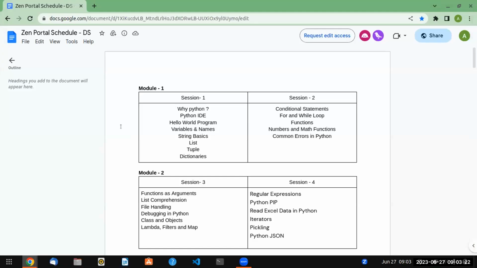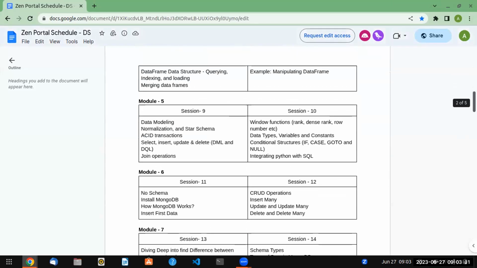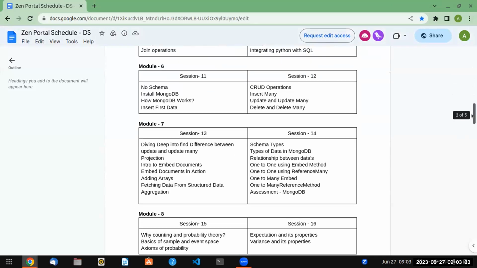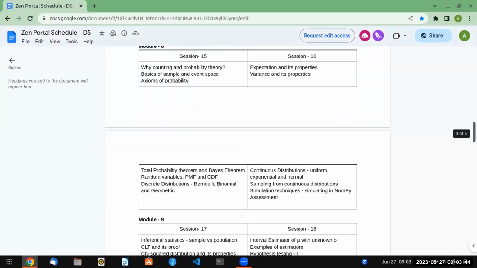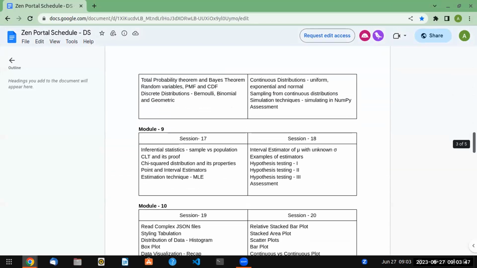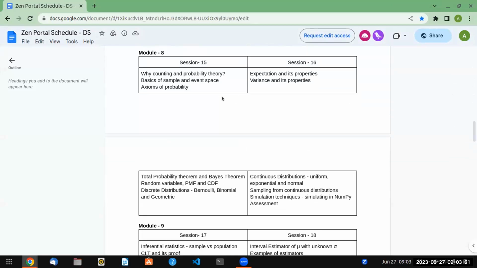Now it's visible. Modules 4, 5, 6, 7: till 7 we have completed the things, because we are also going slow for this one. Now module 8 and module 9 will be based on 4 sessions.